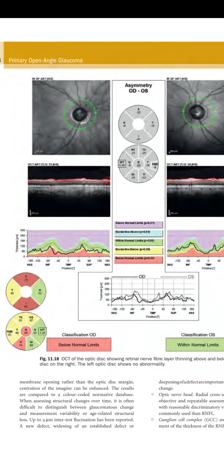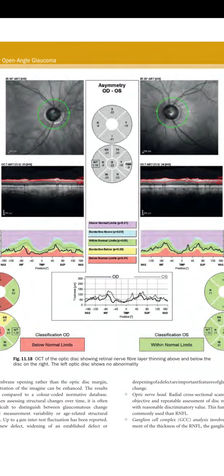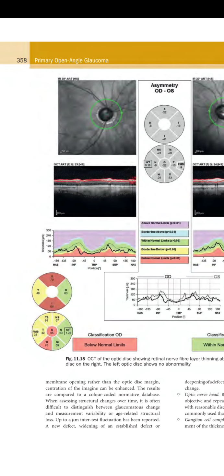So these are some of the images of the OCT of the optic disc showing RNFL thinning above and below the disc on the right, and the left disc shows no abnormality. If the optic disc is on the right, it means that you are seeing the OCT of the right eye, and so these are two OCTs. This is of the right eye, this is of the left eye, and the right eye is showing thinning of the RNFL. You can see that there is thinning of the RNFL in the temporal area.